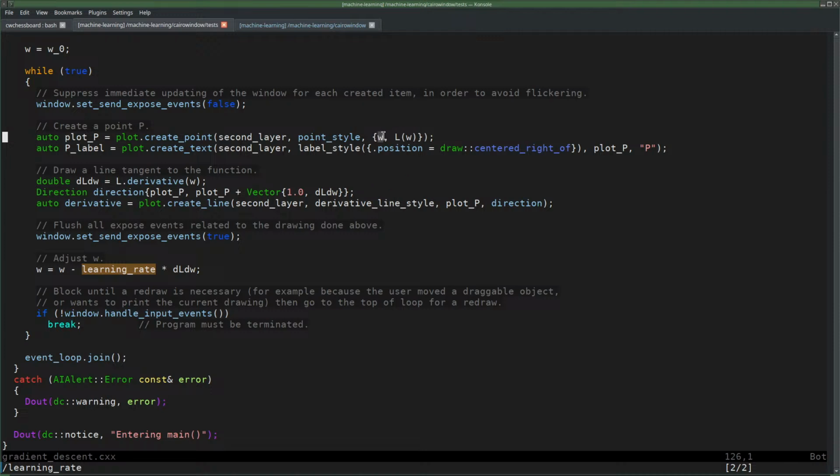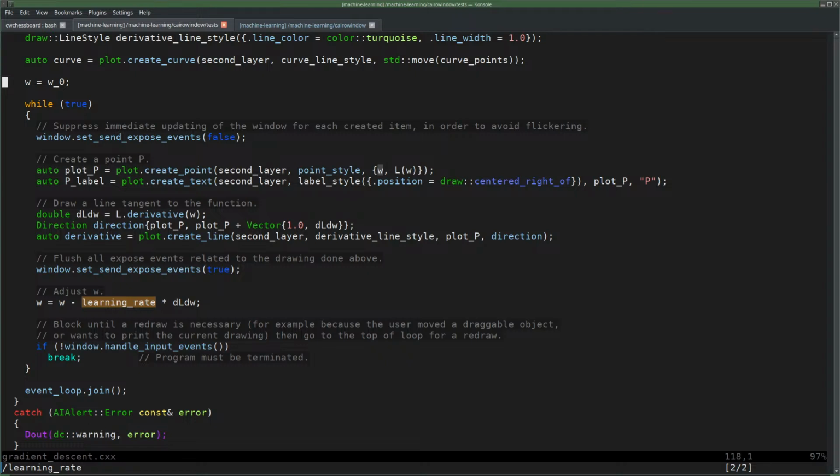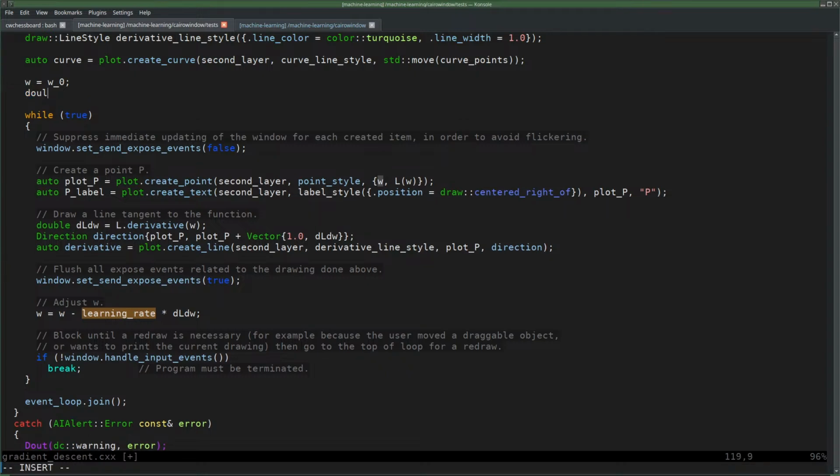I just want to store the previous W value. Nah, bullshit. Use W.